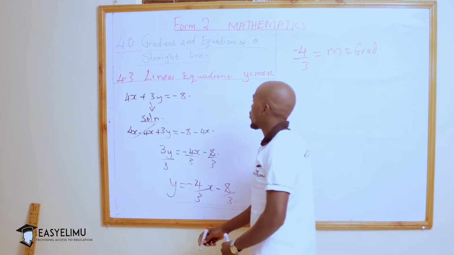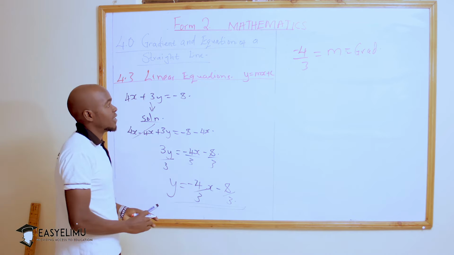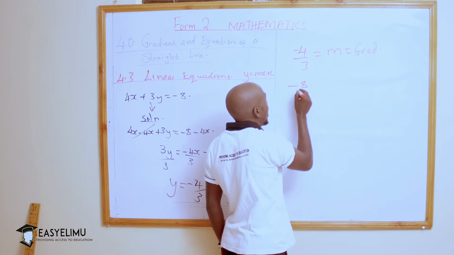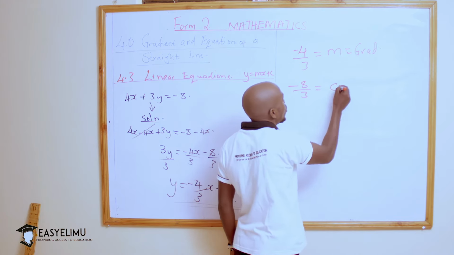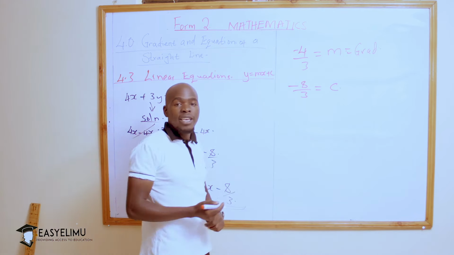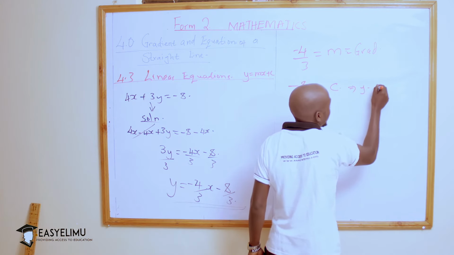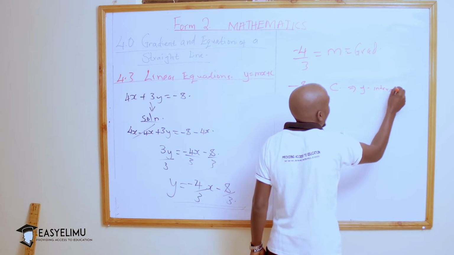The remaining negative 8 over 3 is equal to c. And that c is what we shall later refer to as the y-intercept, but we shall see that later.